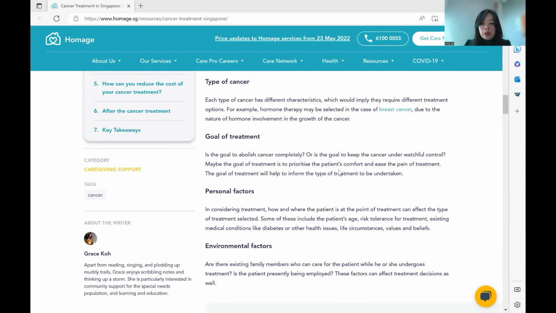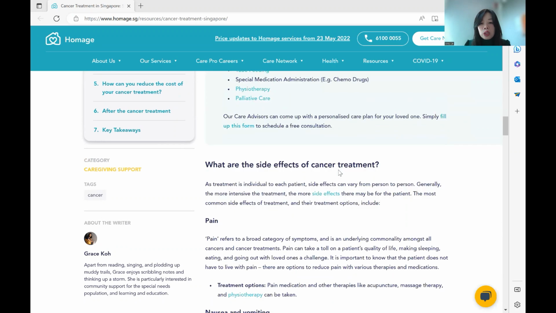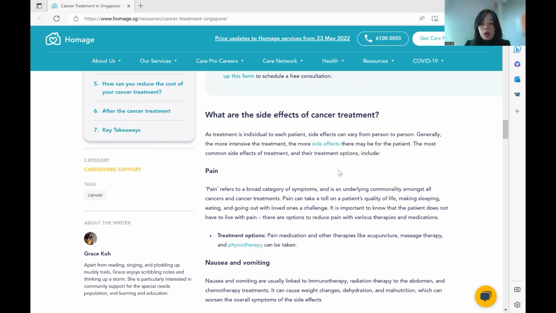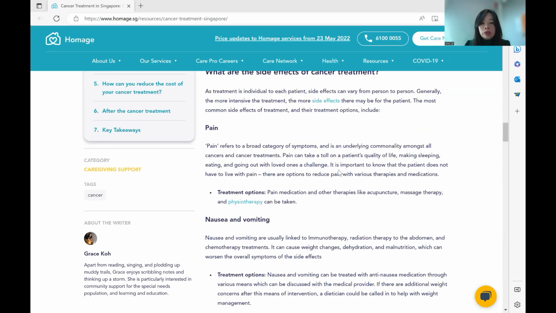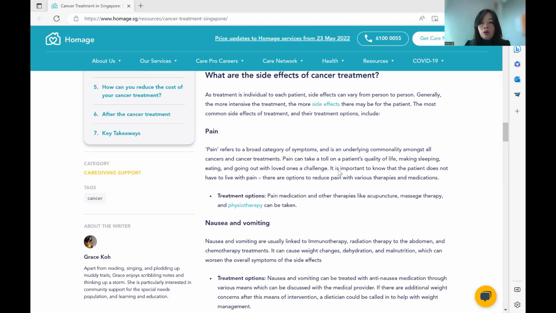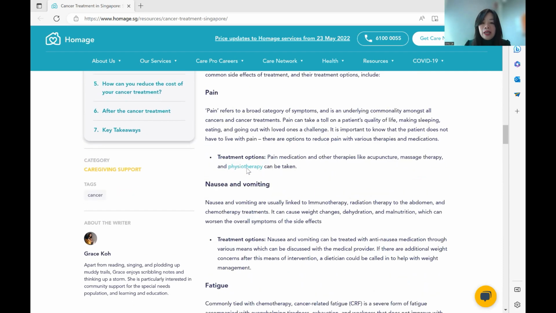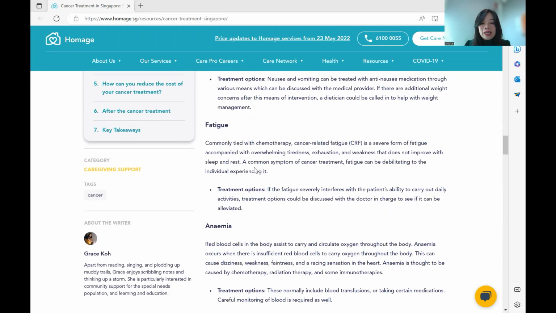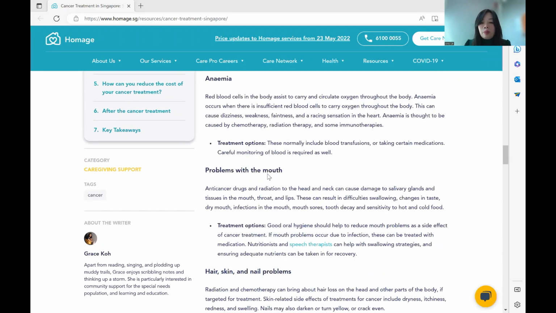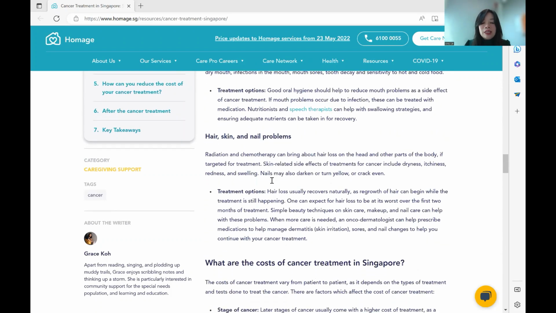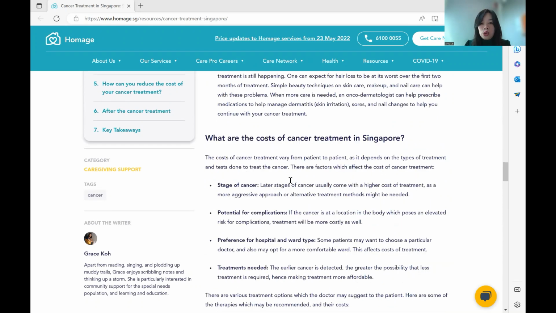Of course, you can read through this website too. It shows very good information on what happens if a person is diagnosed with cancer. There will be various side effects due to the cancer treatment: pain, nausea, vomiting, fatigue, problems with the mouth, hands, skin, nails, and many other issues.